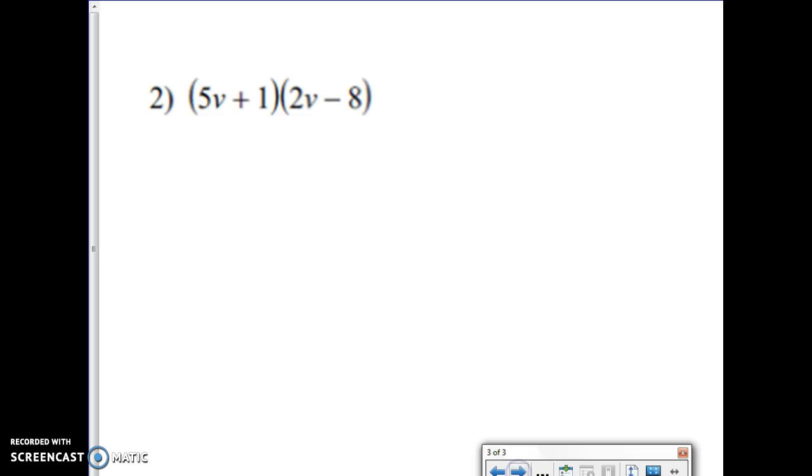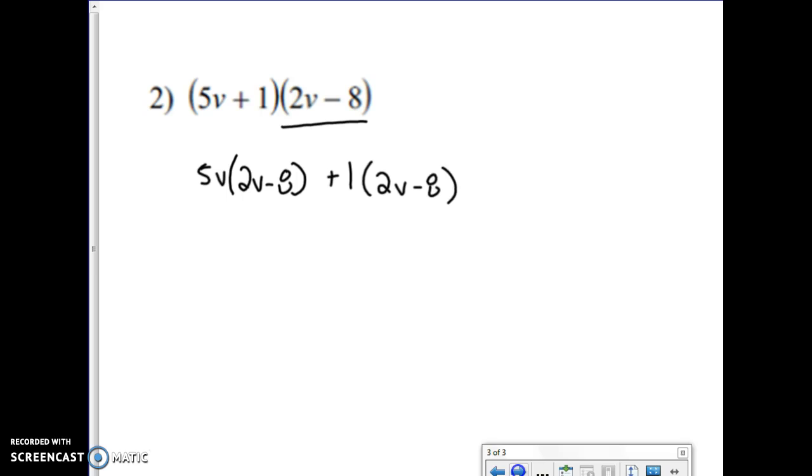So let's just look at another example. So I'm going to split 5v plus 1, okay? And I'm going to take 5v through 2v minus 8, and then I'm going to take 1 times 2v minus 8, and distribute through the parentheses. So I'm taking 5v times 2v, and then 5v times negative 8.